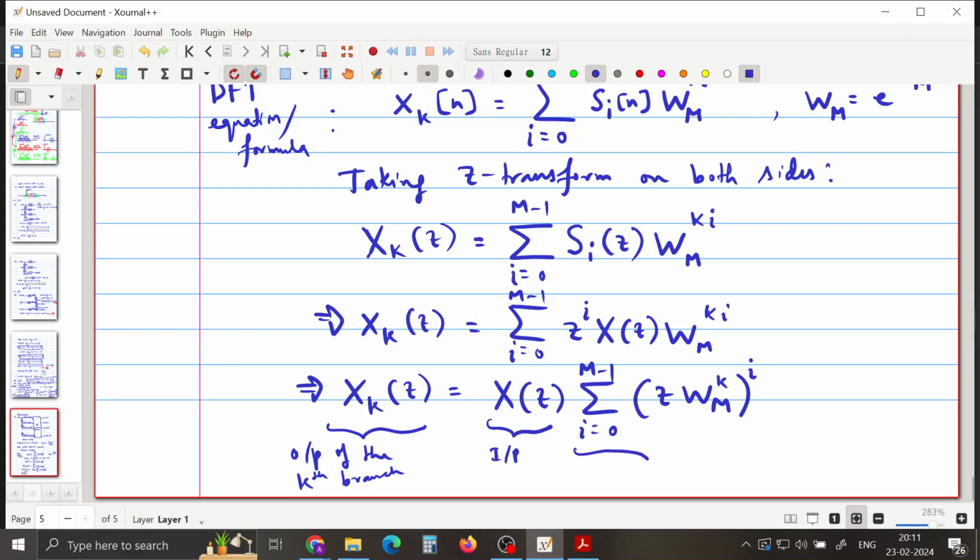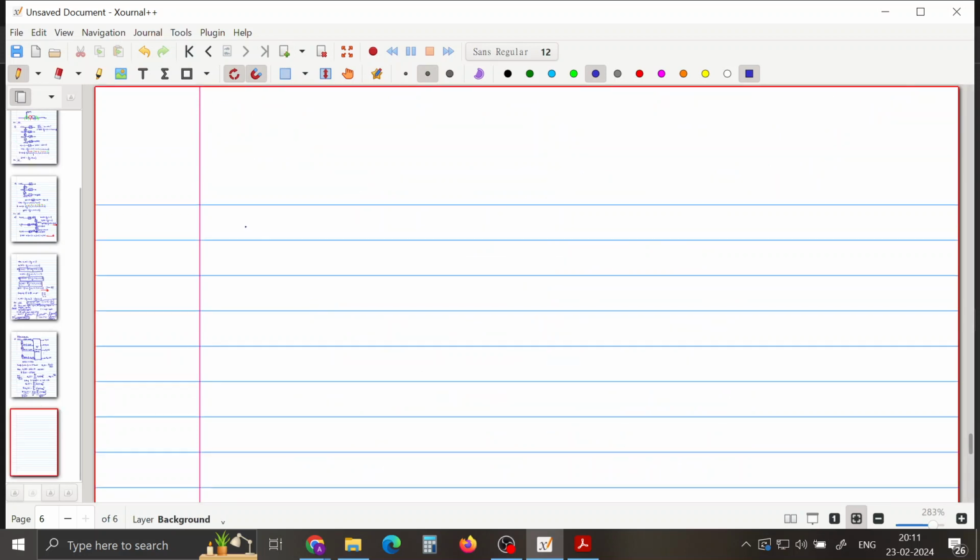So this term here is nothing but the transfer function of the kth branch, which, as per our notation, is capital Hk of z. So we have found the form for Hk of z. I'll go to the next page.